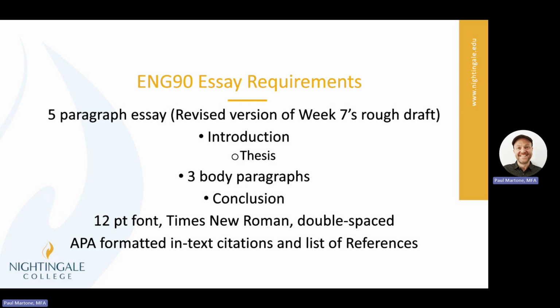You need in your final essay, in one of your 3 body paragraphs, a direct quote with an in-text citation, and at the end, a references section with that citation. You are only required to have 1 for your final essay in English 90.